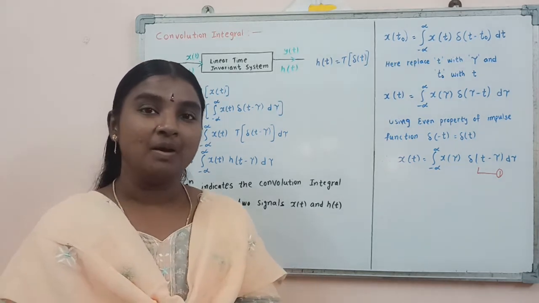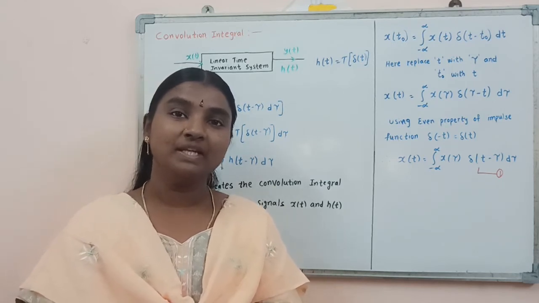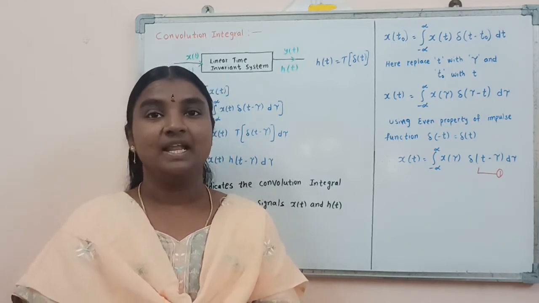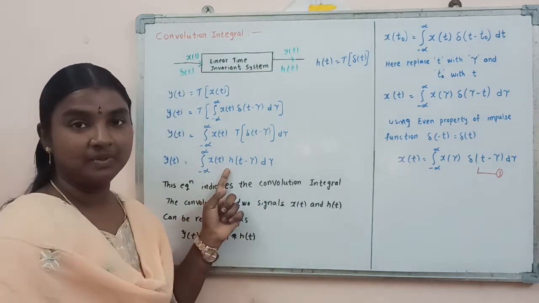Suppose in any problem, if you want to find the convolution of two given continuous time domain signals like x of t and h of t, we may use this principle.